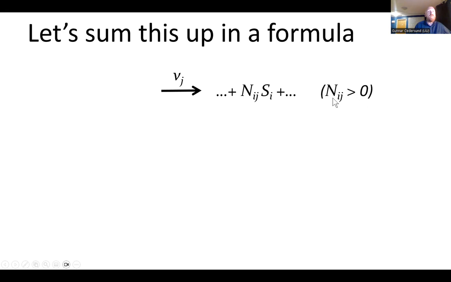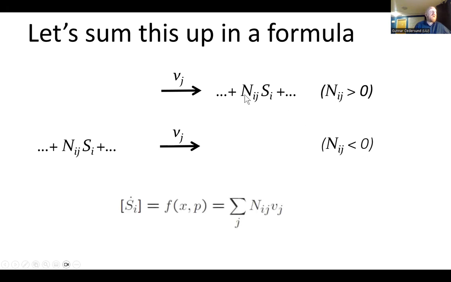Again, it's a product, so here it should be positive, and otherwise it's negative. If we have this stoichiometric coefficient, then we simply sum that up for all of the reactions.